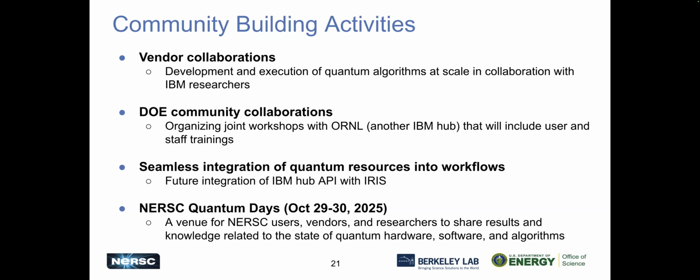Also within the DOE community, there will hopefully be more community collaborations in the form of joint workshops with Oak Ridge and so forth. And then the long-term goal is to integrate this IBM Quantum Innovation Center API more and more into Iris, such that it leads to a more seamless integration of quantum resources into overall NERSC workflows.